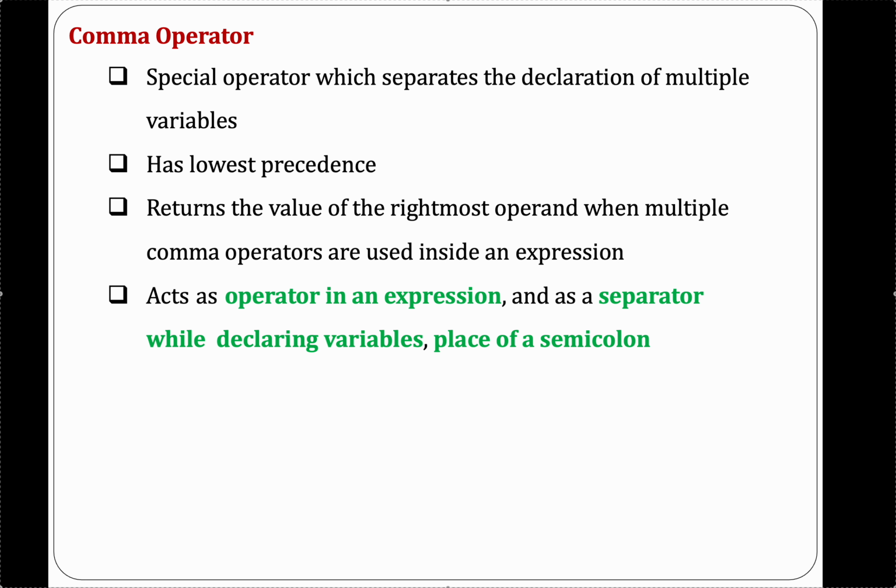And in the place of a semicolon we can use a comma operator also, which means, like, can I use a comma at the end of the printf? If you use a comma at the end of the printf, it means that the line is not getting terminated. We'll see these three things in a simple program.